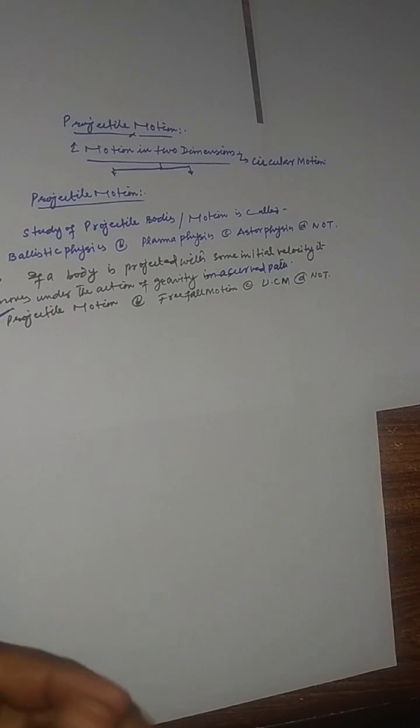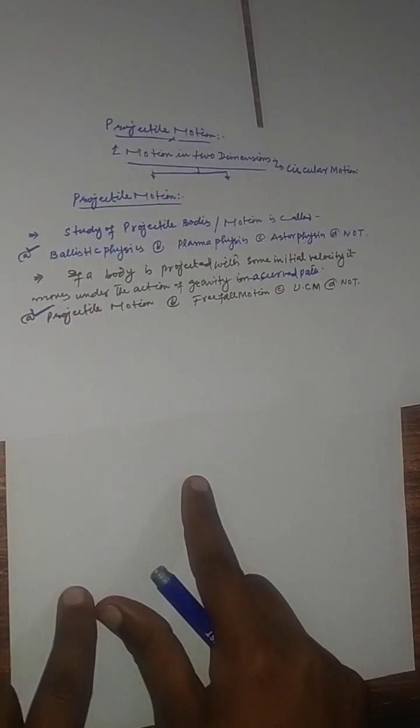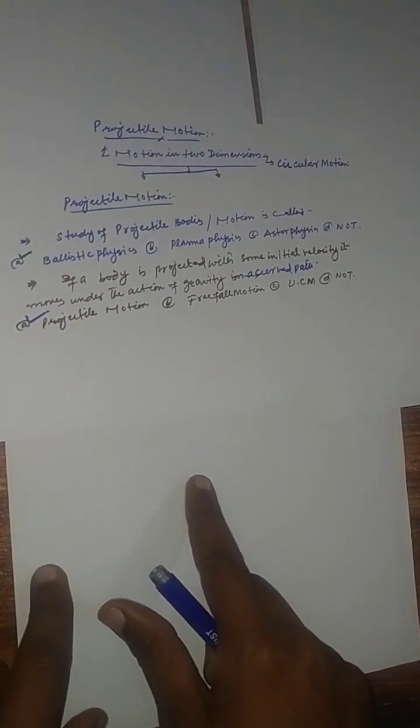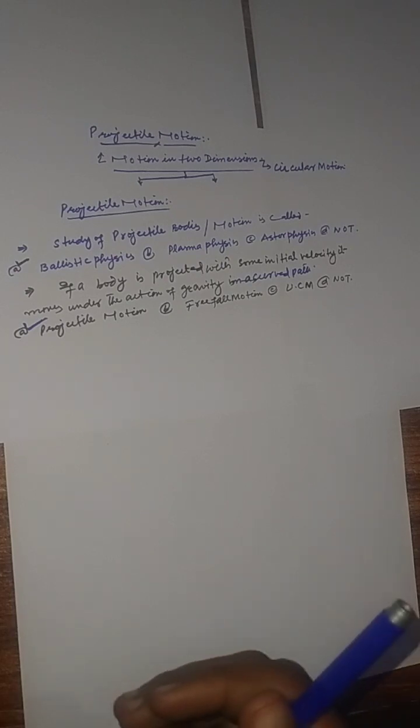One is oblique and the other is horizontal projectile motion. Oblique projectile motion is the motion when a body is projected with some angle with the horizontal axis.